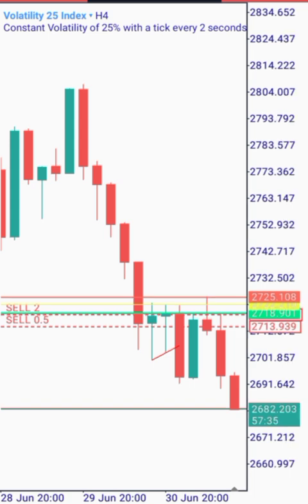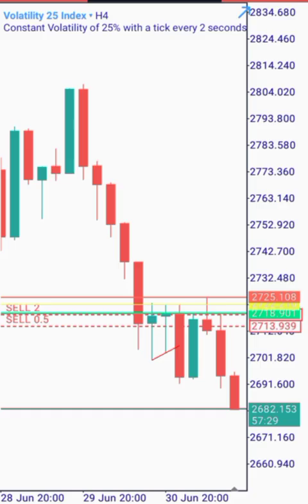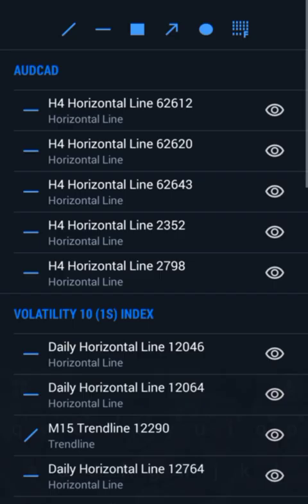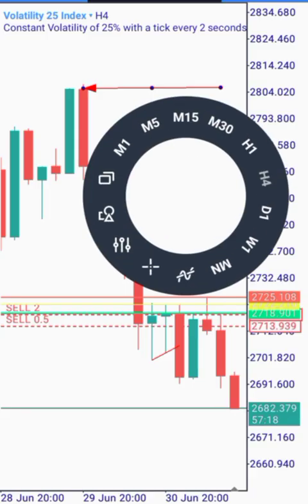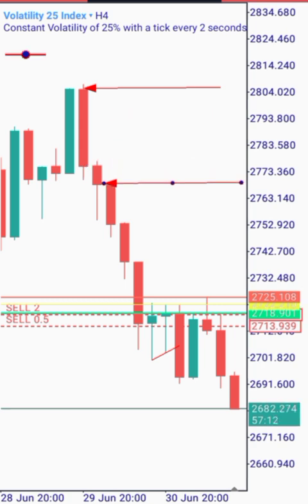If the candlestick is bearish, this is the opening price of the candlestick. This is where price opens, and this is where price closes. This is the close price, and this is the open price.